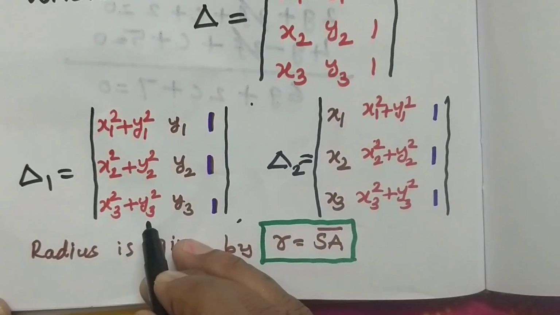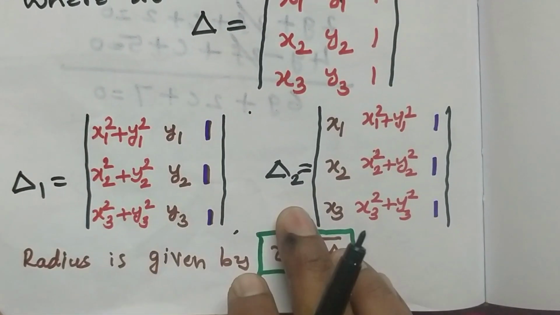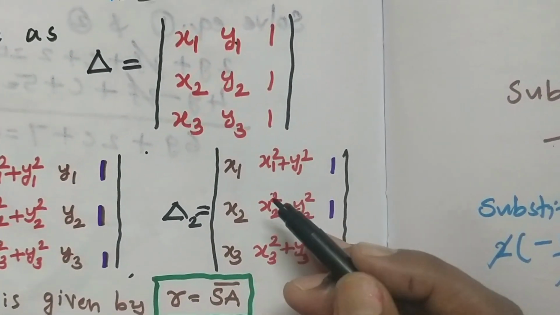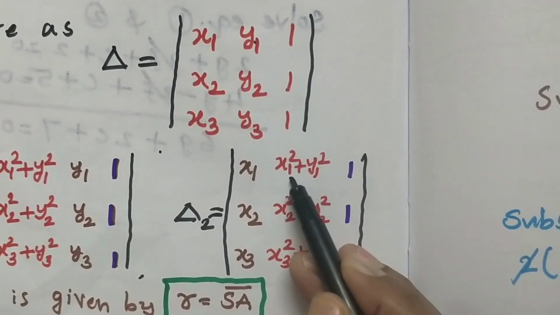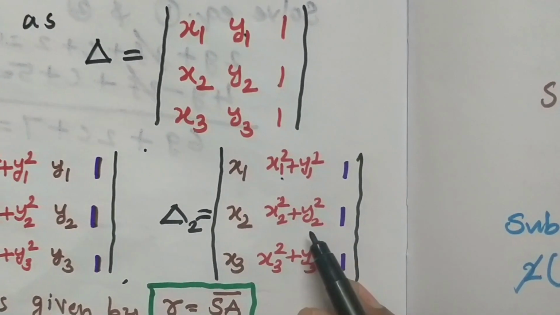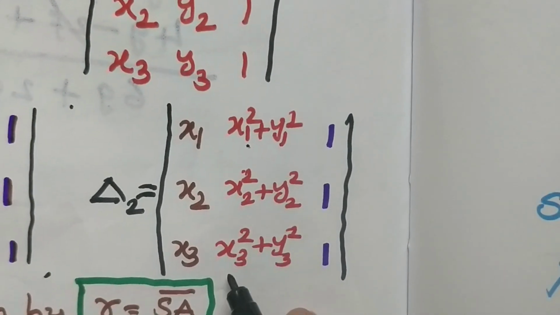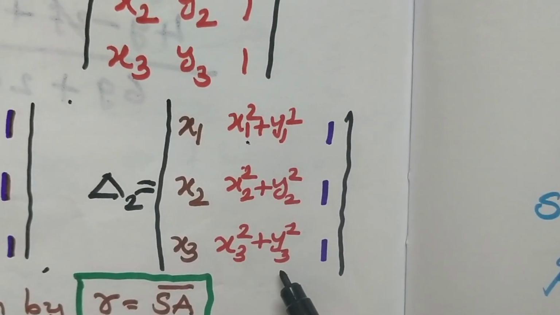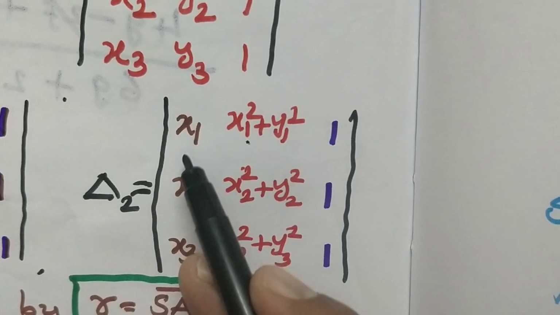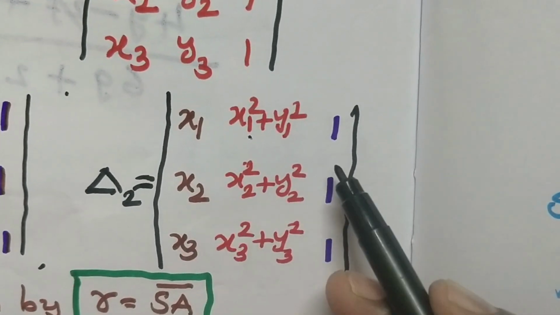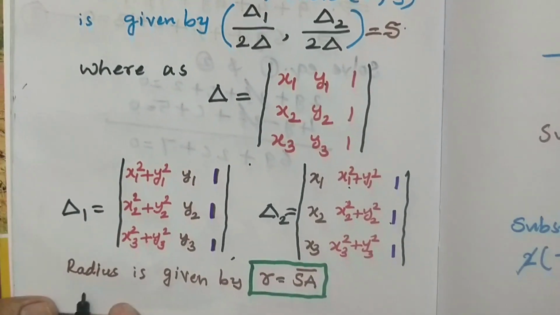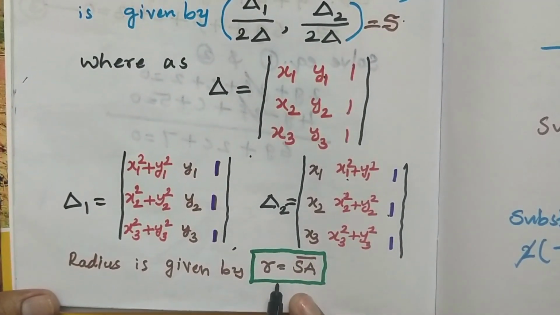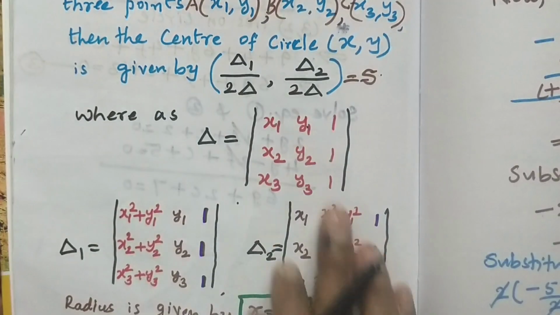For delta 2, in the second column you write the sum of the squares x1 square plus y1 square, x2 square plus y2 square, x3 square plus y3 square, and x1, x2, x3 as the first column, and 1, 1, 1 is the third column. By using this you get the center of the circle, and radius r is equal to SA. Then you use it in the first method.